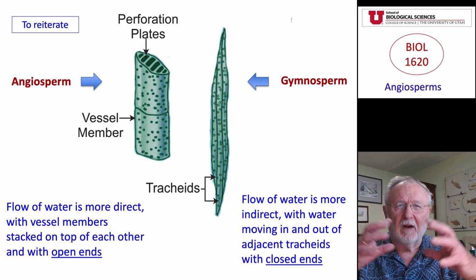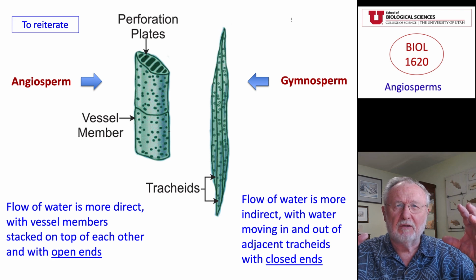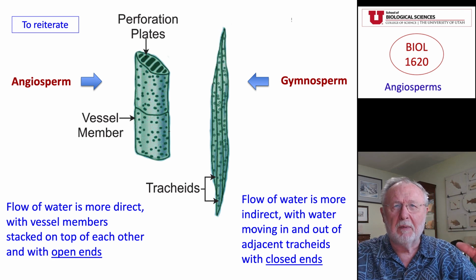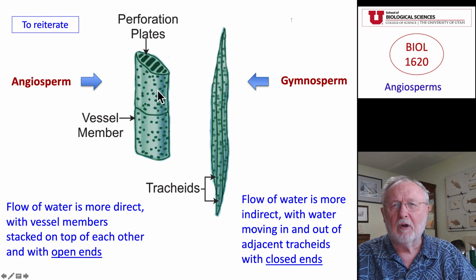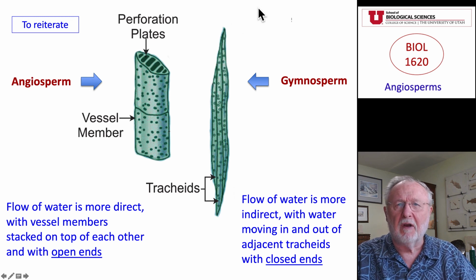So as the environment has a decrease in CO2 concentration and stomata open more to allow CO2 diffusion in for photosynthesis, xylem structure of angiosperms with vessel members are a more efficient, more competitive mechanism than we find in the closed-end tracheids of gymnosperms.